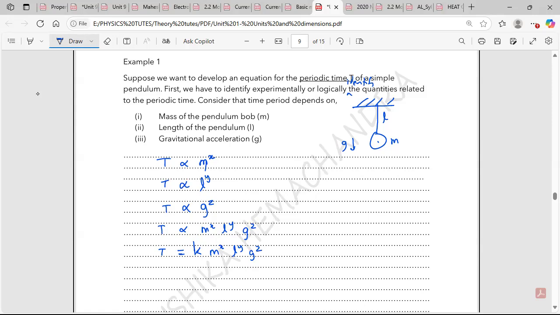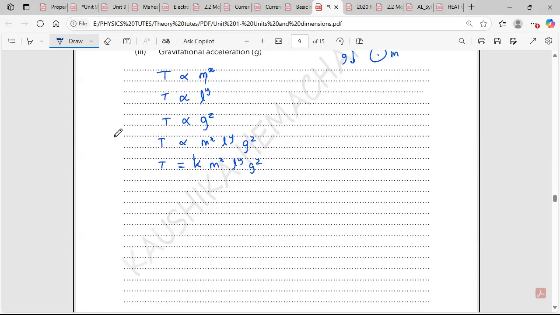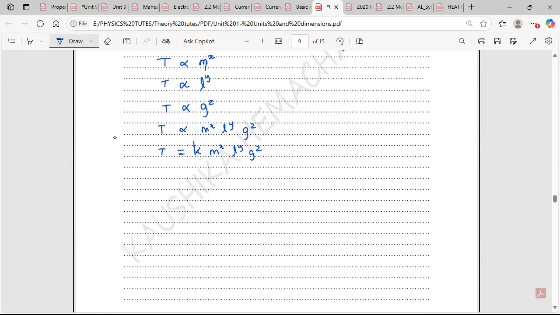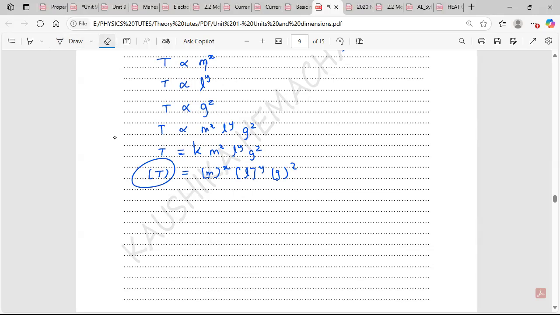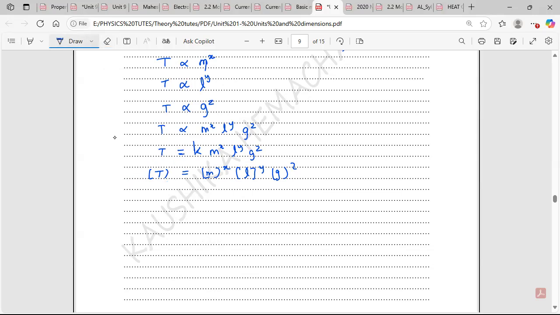So now the dimensions of the time period should be equal to dimensions of mass to the power x, dimensions of L to the power y, and dimensions of g to the power z. Then on this side, there are other two dimensions as well, mass and length. Now this is time.